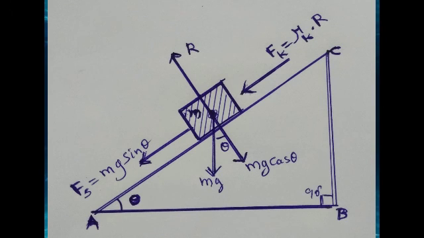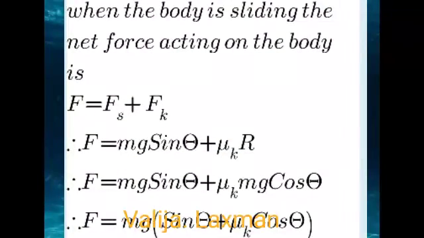This will also act in the downward direction parallel to the inclined plane. So in this case, the static frictional force and kinetic frictional force both act on the body in the same direction. When both act in the same direction, the net force acting on the body is given by F equal to Fs plus Fk.